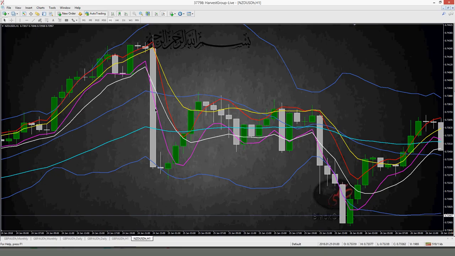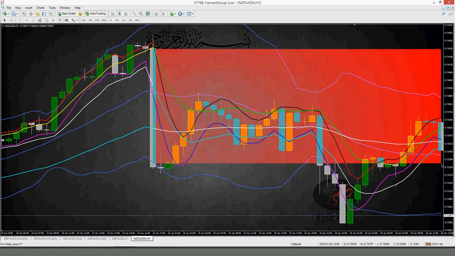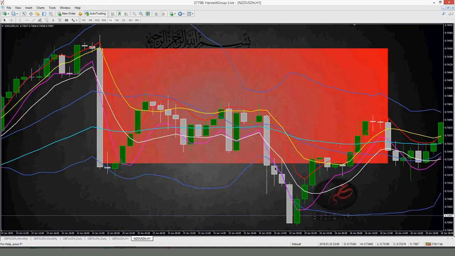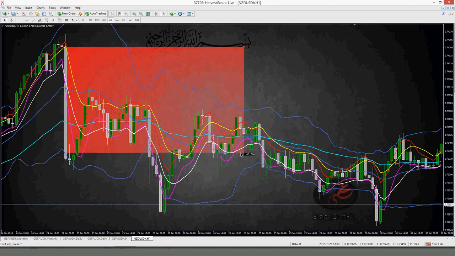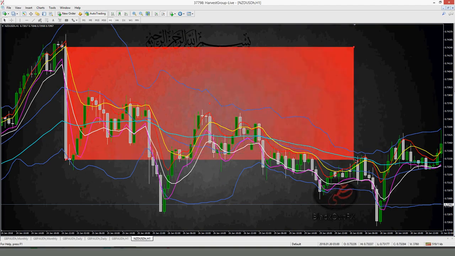As long as there's no buy candle that breaks through this candle body, you can still focus on sell in this particular market. There's no candle yet that's able to break above this area of the dominant candle.